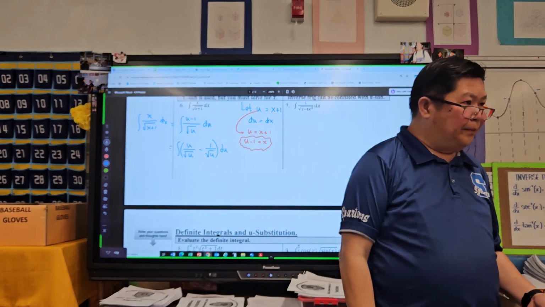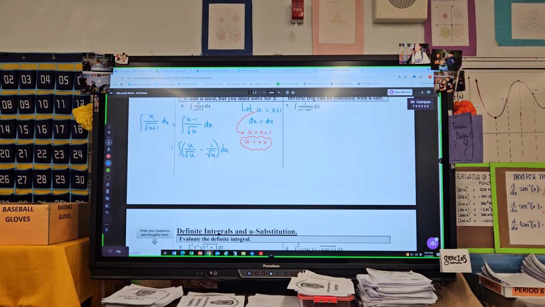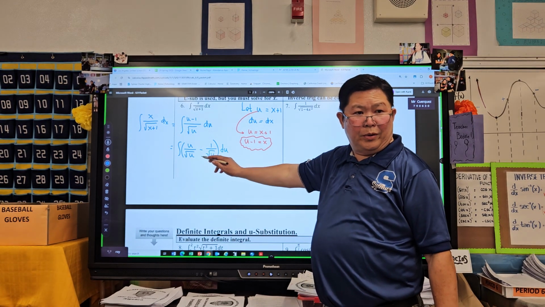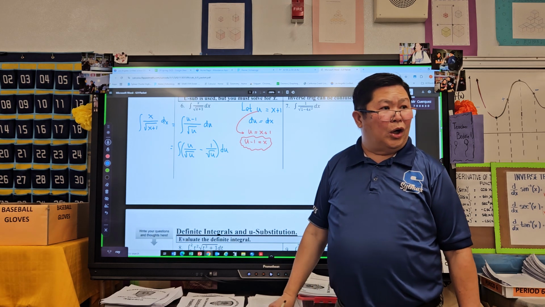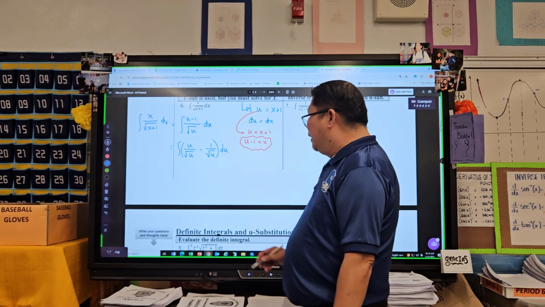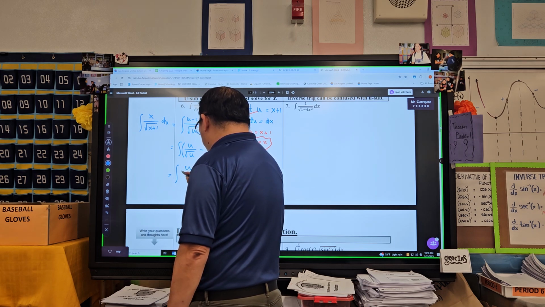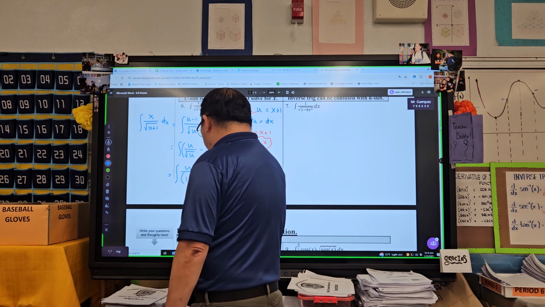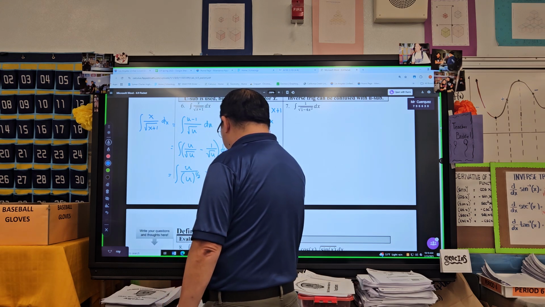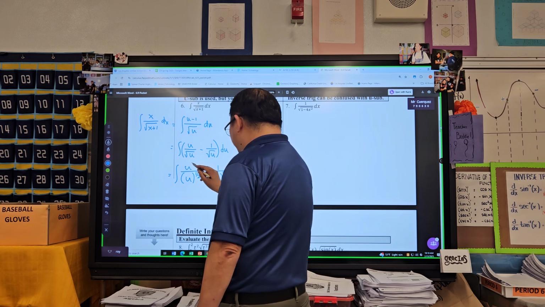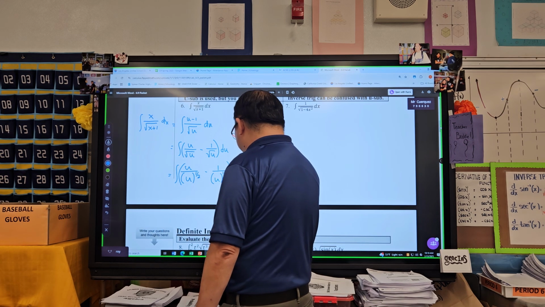Question so far? Okay, and what we do with this square root is, can we express this as an exponent to the power of 1/2? Okay, I'm just rewriting this into u over u to the power of 1/2 minus 1 over u to the power of 1/2. But this is still du.